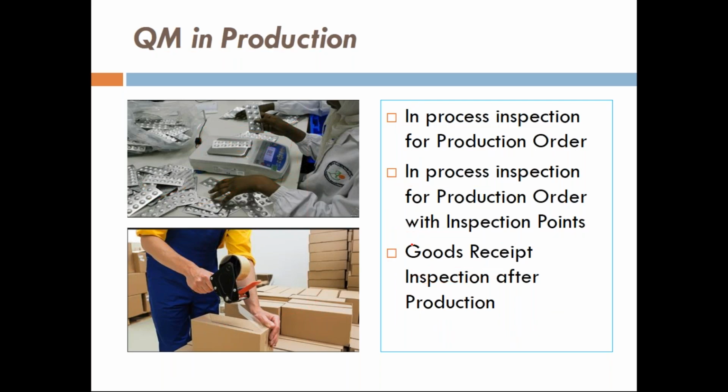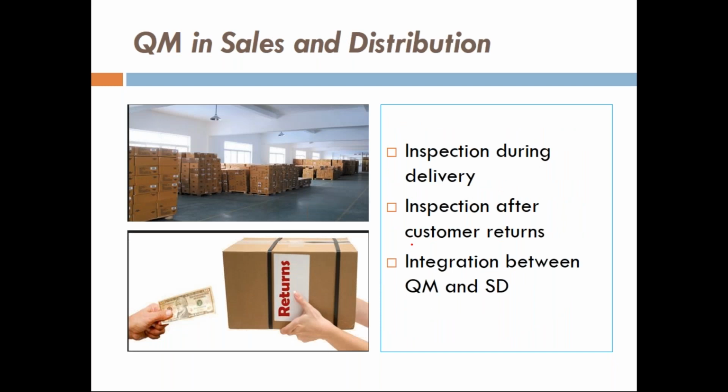After that, we will go to QM in sales and distribution. Even though the product is inspected during production, some customers want the quality inspection of the material again during delivery. So for the outbound delivery to the customer, how to do quality inspection again, we will discuss.